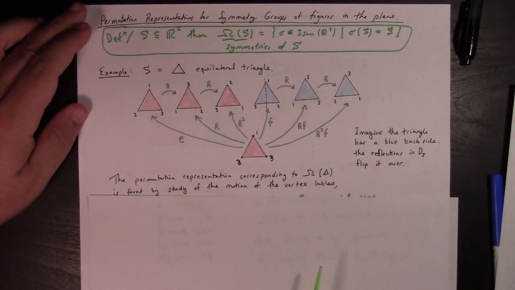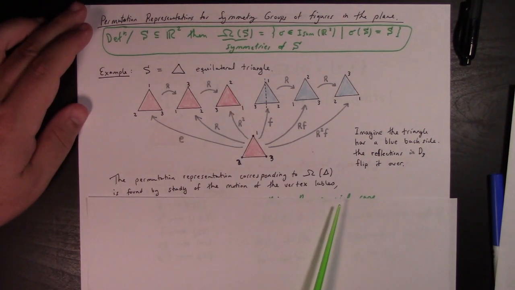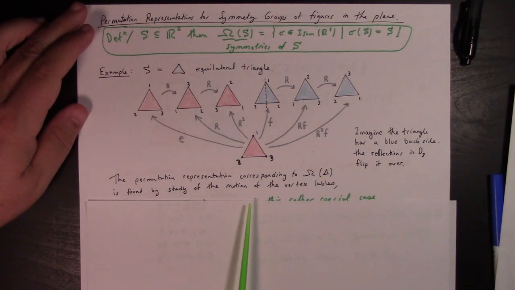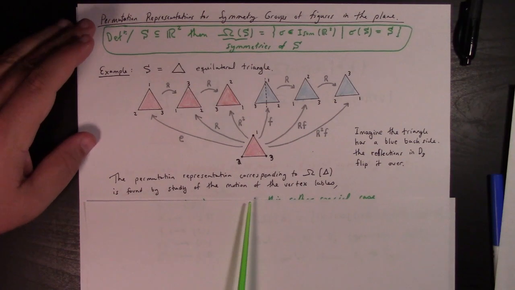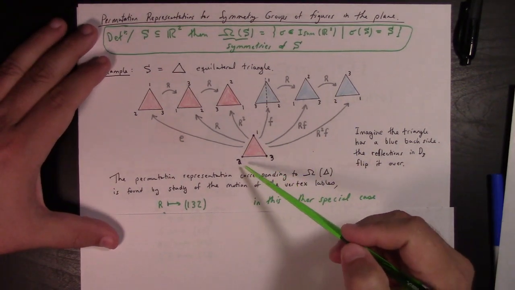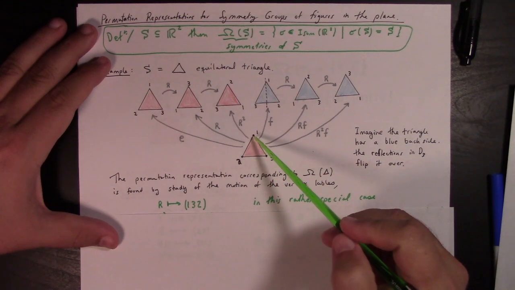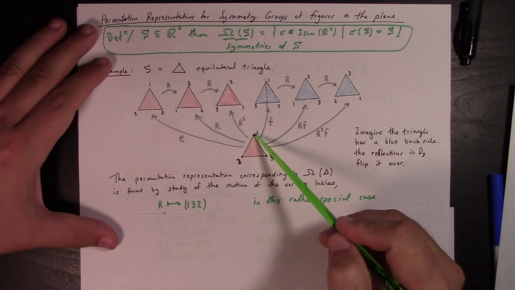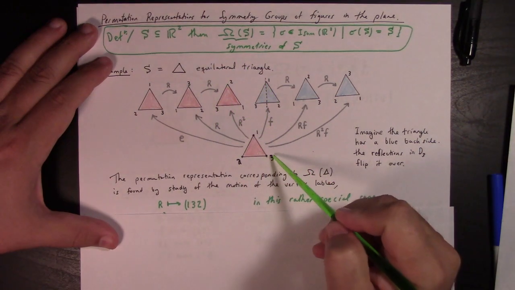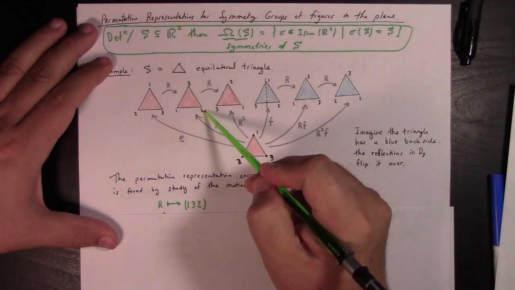Alright, now the permutation representation corresponding to the symmetry group of the triangle is simply found by the study of the motion of the vertex labels. So let's look at R. R, it takes 1. Where does 1 go? 1 goes to 3. Then where's 3 go? 3 goes to 2.